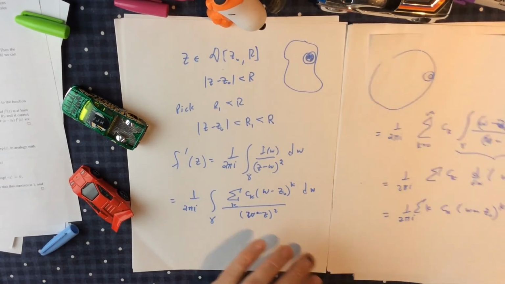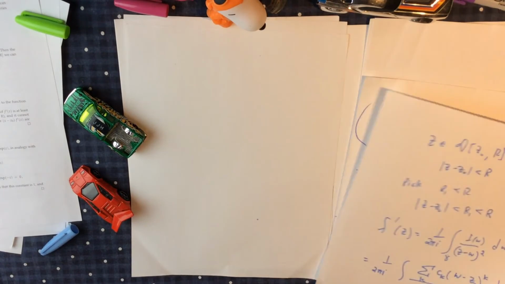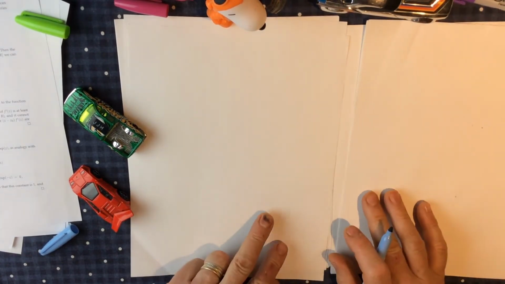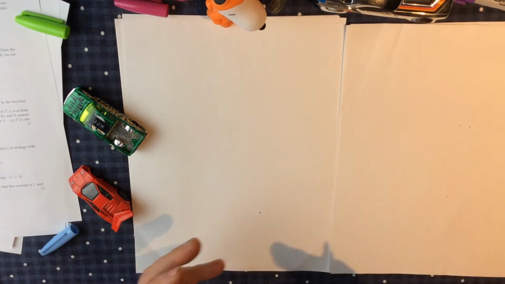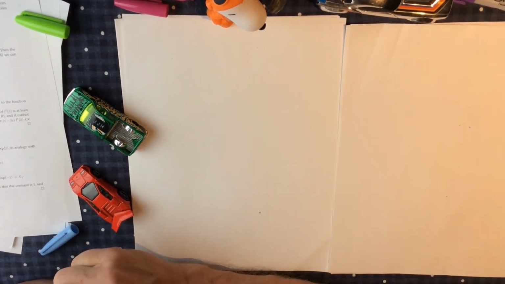Now, that's really cool. We've just proved that by having absolute convergence, we could switch integration and summation, and that allows us to say that we can do infinite differentiation term by term.